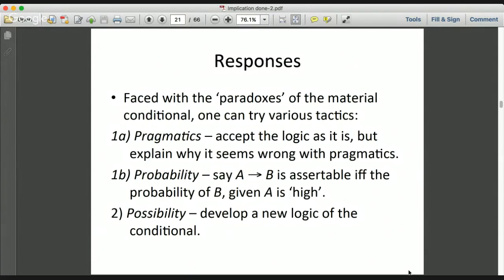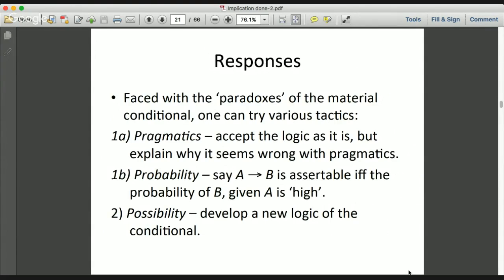So I'm going to look at 3 different approaches to this that philosophers have given of ways that we can try and fix this. So the first one I'm going to look at is pragmatics. That's accepting the logic as it is, but doing something else, jazzing up other things about it to try and get around.